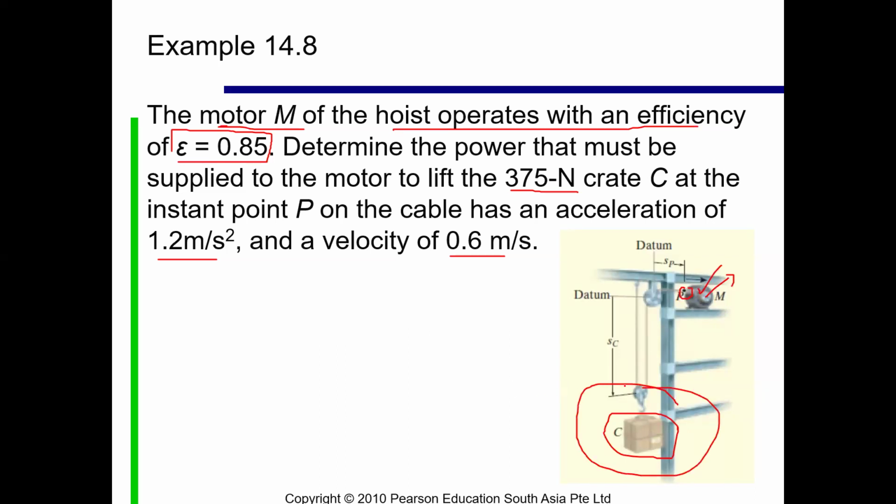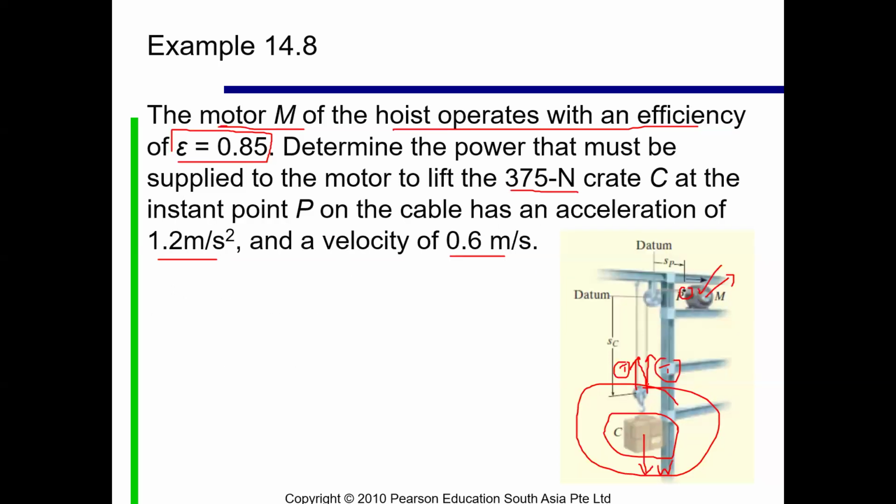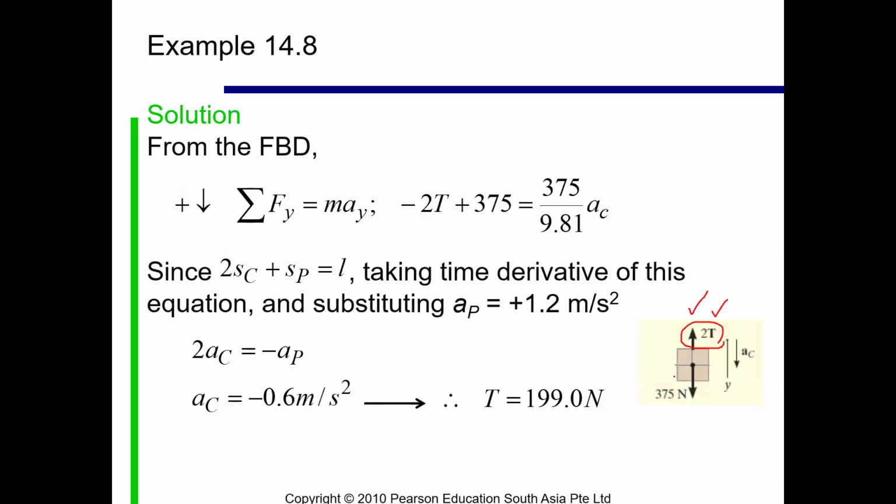I know that weight is acting downward here, and there is a tension here and a tension in the rope there. So in the upward direction there are 2 times tension because there are 2 ropes present, and the weight is acting downward.